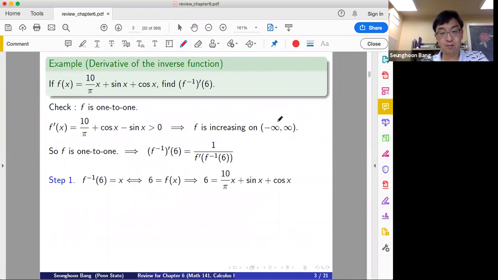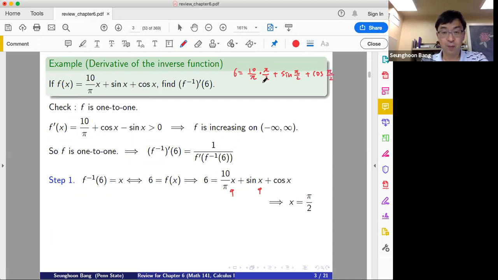Yep. Right. So here, how can you know that? You can plug x equals pi over 2 here. So what happens? 6 equals 10 over pi times pi over 2 plus sine of pi over 2 plus cosine of pi over 2.